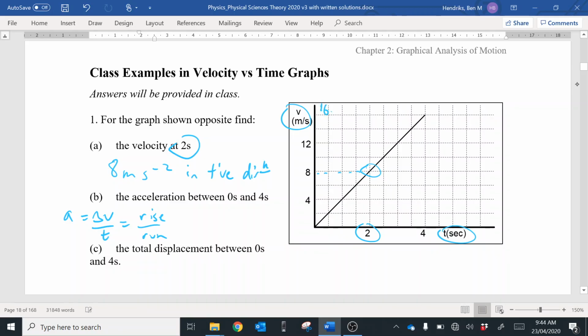So we've got our rise equals 16, and our run obviously equals 4. So that means that it's equal to 16 over 4, equal to 4 meters per second squared in the positive direction.